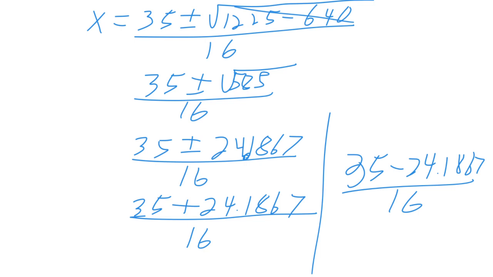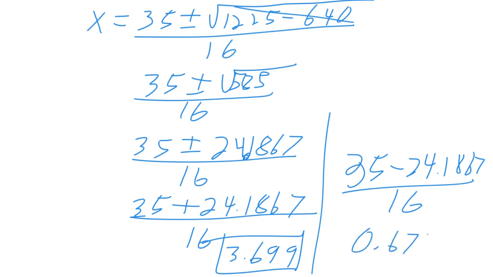The first one, you say 35 plus 24.1867 over 16, you get 3.699. And to the right, when you say 35 minus 24.1867 divided by 16, you get 0.675.